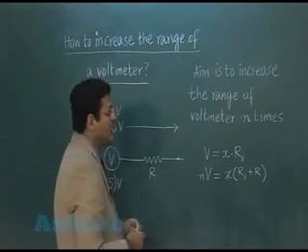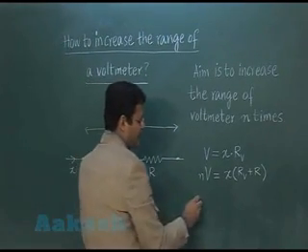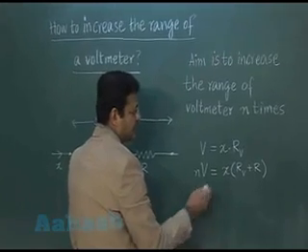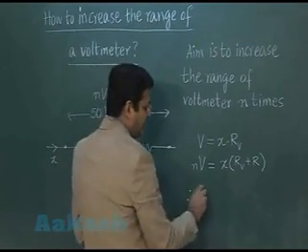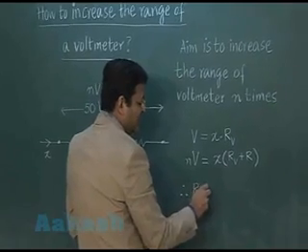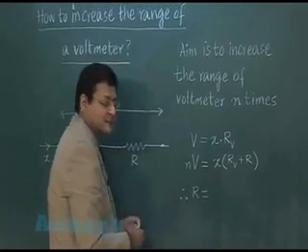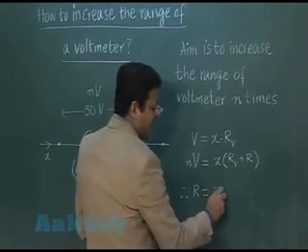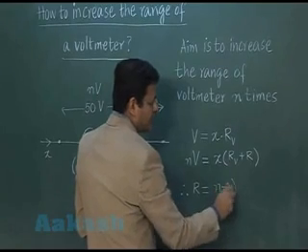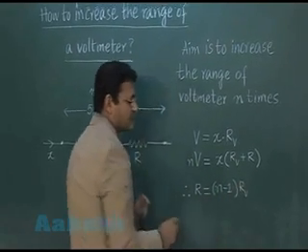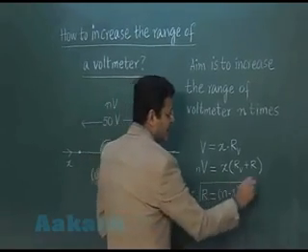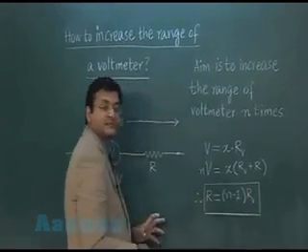You understand? If you solve this, if you divide these two expressions, then you will get that the new resistance which you have added is simply n minus 1 into resistance of voltmeter.